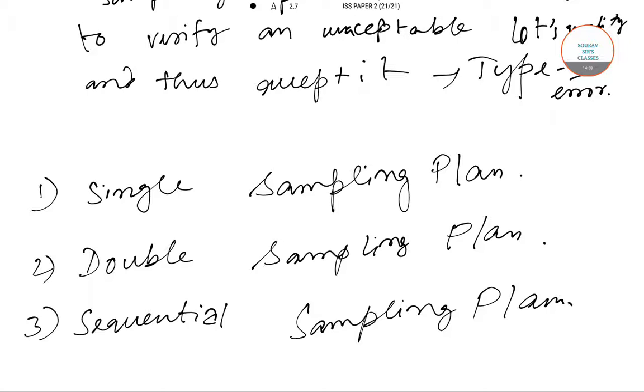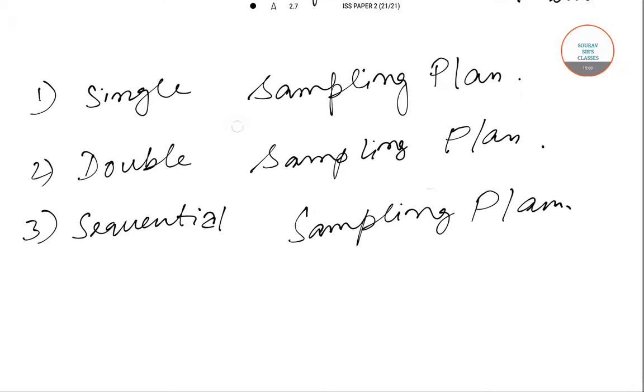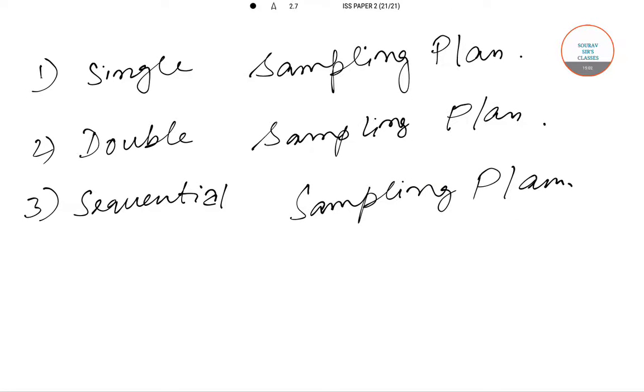Now let's talk about the sampling plans. First I will talk about single sampling plan. Single sampling plan is a decision rule to accept or reject a lot based on the results of one random sample from the lot.